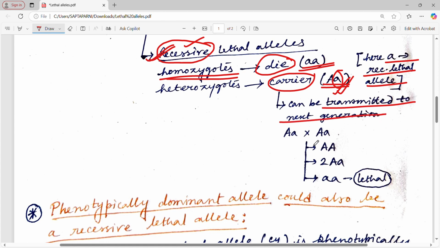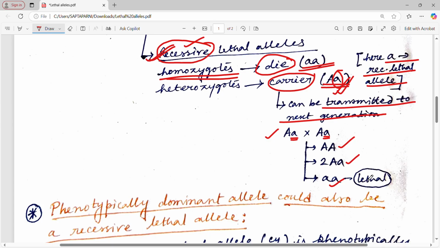See here, if two carriers of this small a recessive lethal allele are crossed, which progeny can be formed? One will be homozygous for capital A, one will be homozygous for small a, and two will be heterozygote, capital A small a.